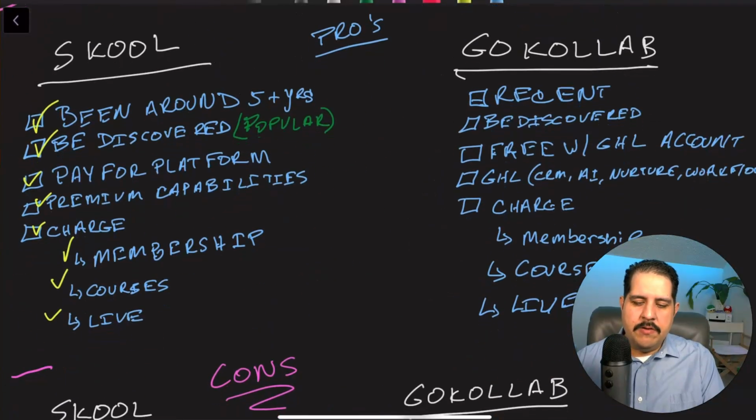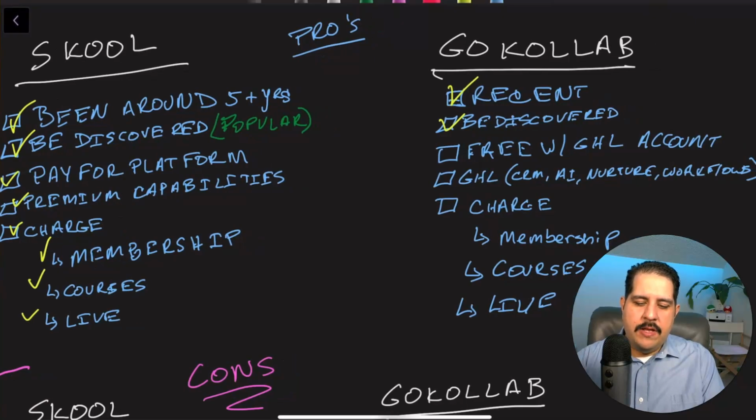In the past couple of years, it allows the same benefits as Skool, where you can be discovered now. The advantage here is it's already free to add a community to GoKollab, as long as you already have a high level account. But the advantage is that GoKollab then enables all of the high level features to be inside of your community.